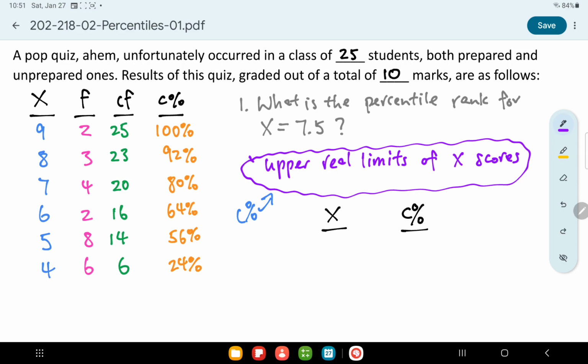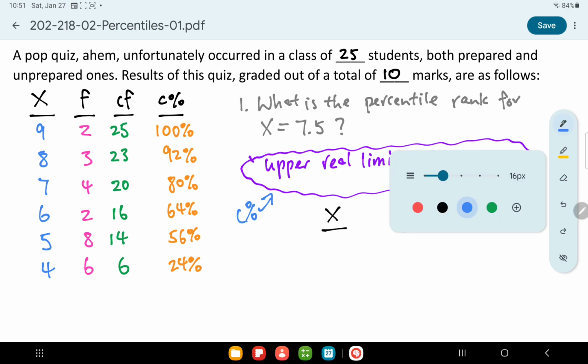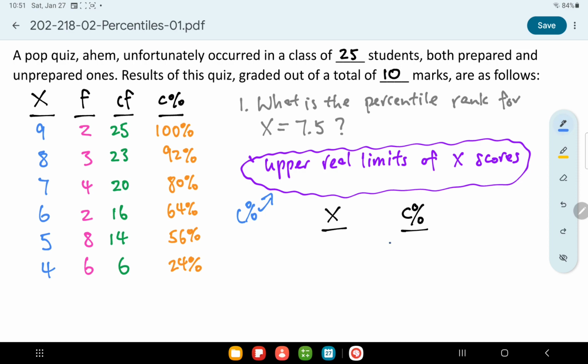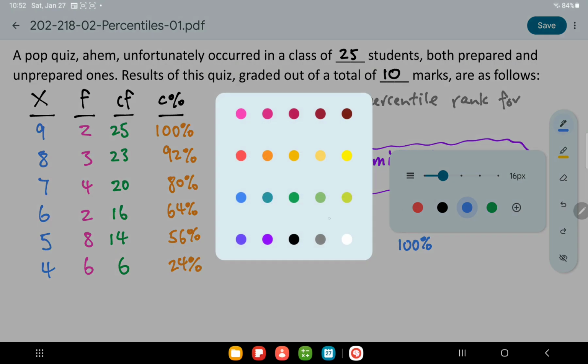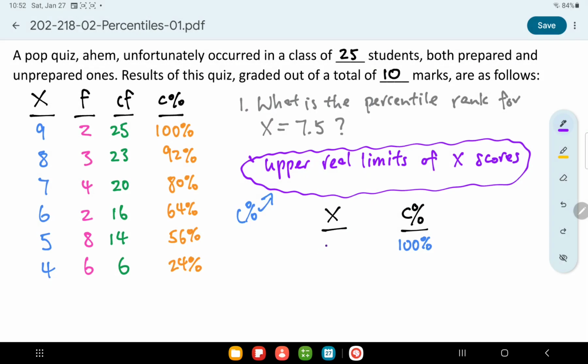Let me demonstrate. To the question, what score of x does the cumulative percentage of 100% indicate? The answer, x equals 9.5, the upper real limit.